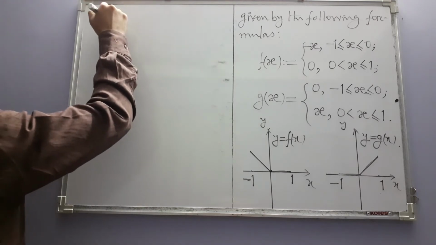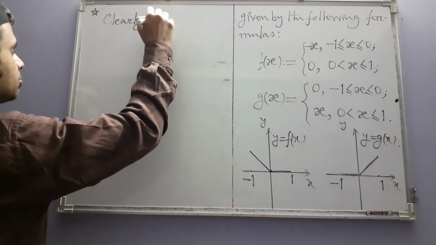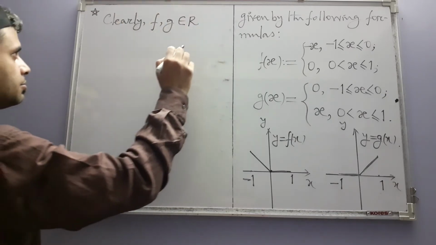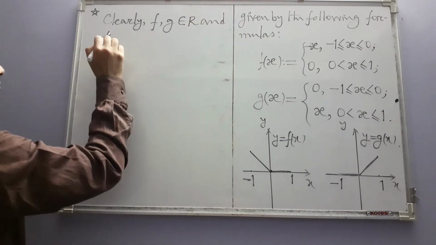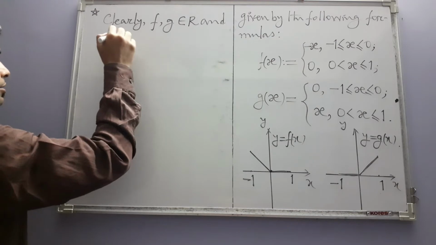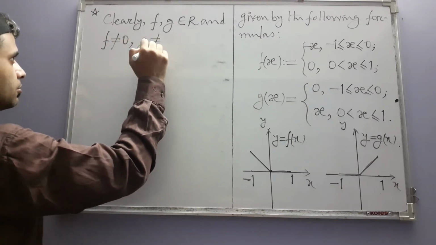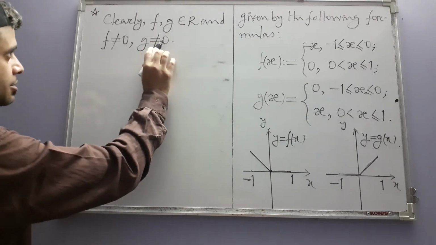I am just simply going to write here clearly f and g belong to R, and there is one more thing, f and g are both non-zero. Now what do we really mean by this zero here?